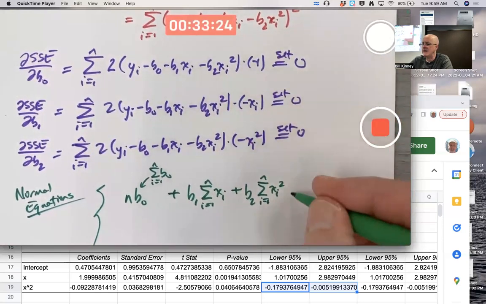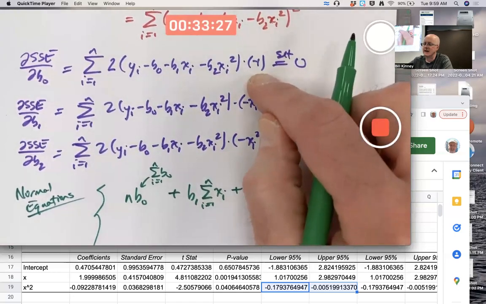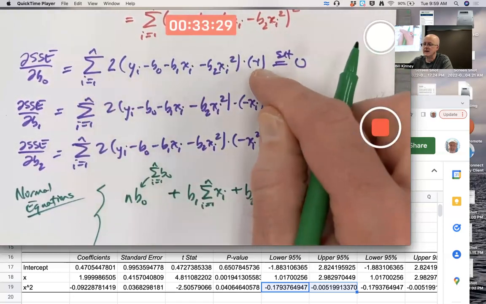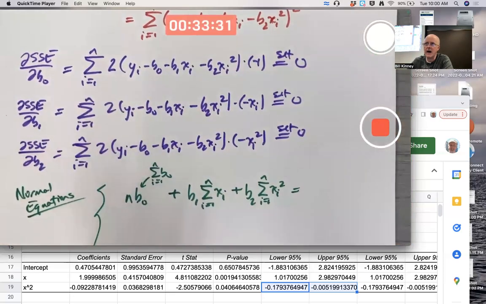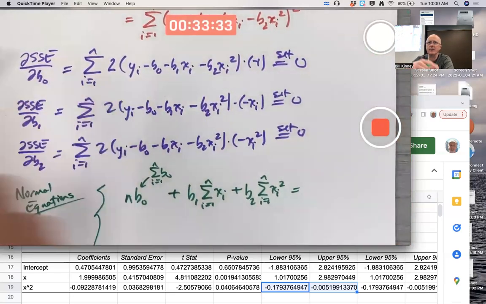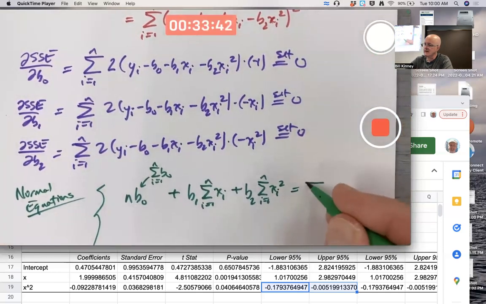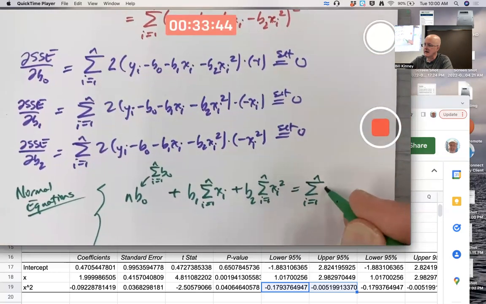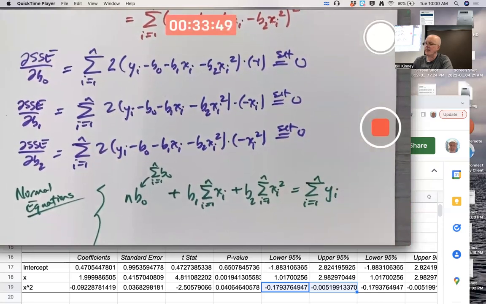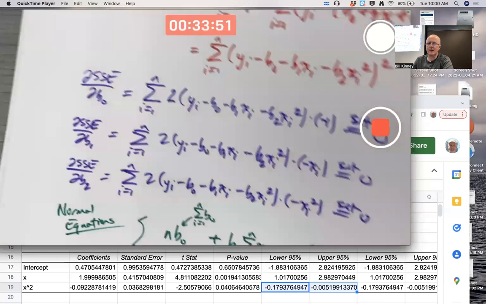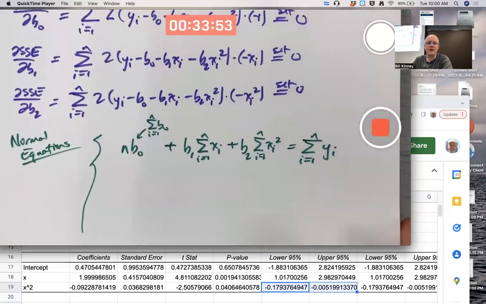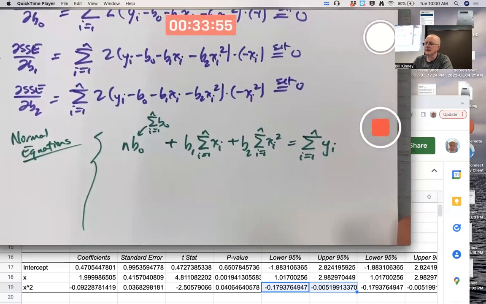And then again, on the right side, you really have the sum involving the y's. -1 times yi is -yi. That negative sign can be brought in front of the summation, and then you can add it to both sides to swing it over to the right side without a negative sign. That's the first equation of the system of normal equations.